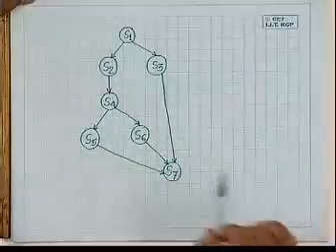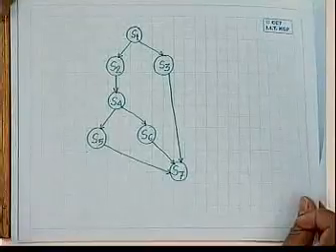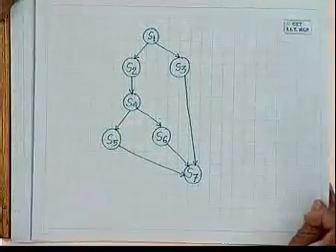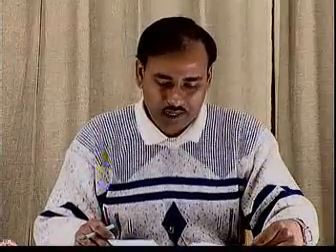Now, given such a type of precedence graph, let us see how we can write code for execution of this precedence graph, making use of concurrency as far as possible. So we have to write our code like this: first statement that has to be executed is statement S1.